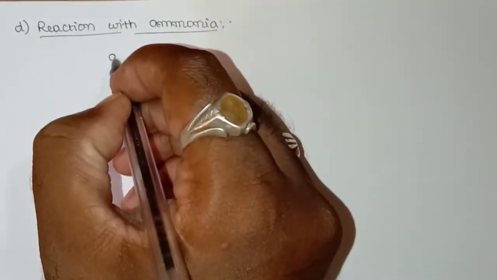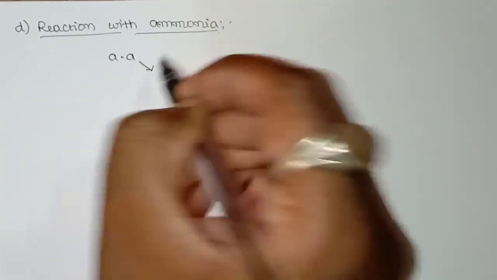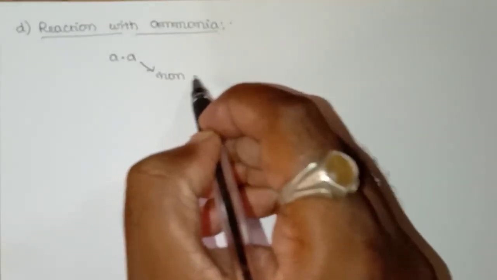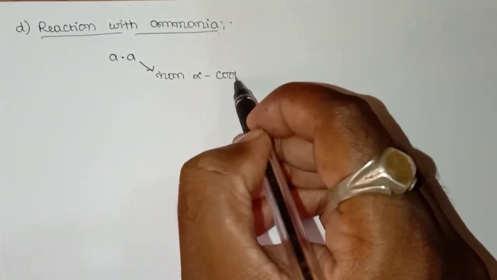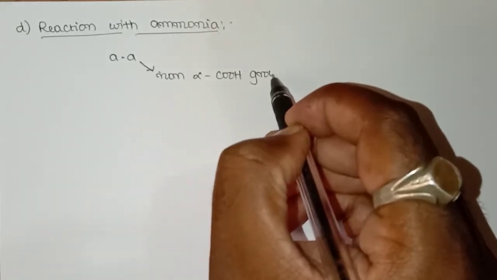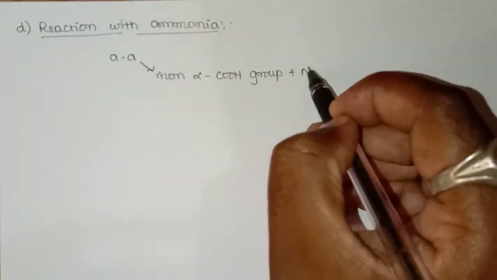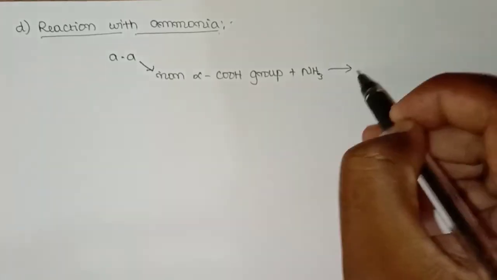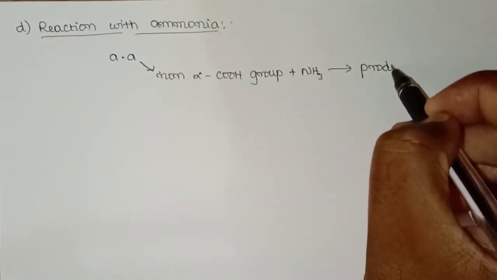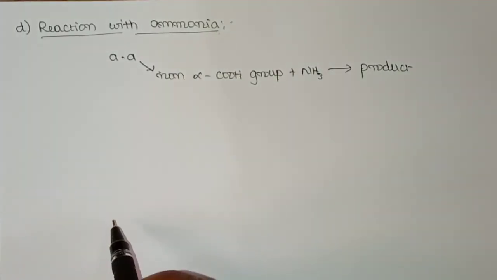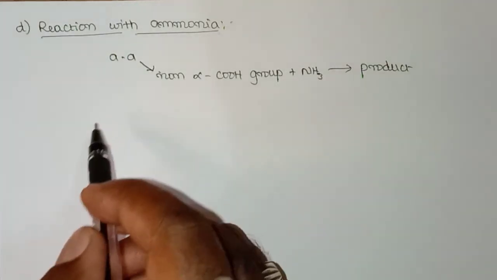That means the amino acid containing a non-alpha carboxylic group will react with ammonia so as to produce the resulting product, and we should know which product is going to be produced in this particular reaction. So let us consider the illustration.